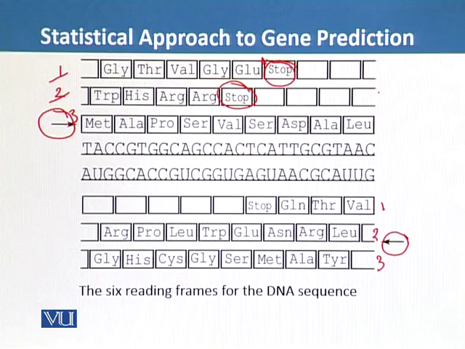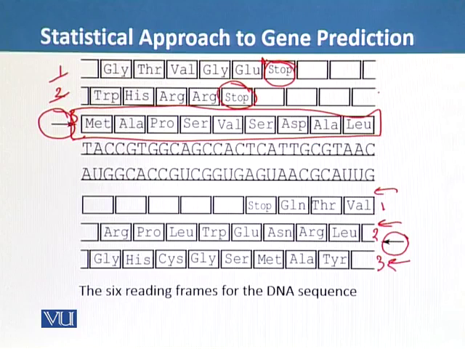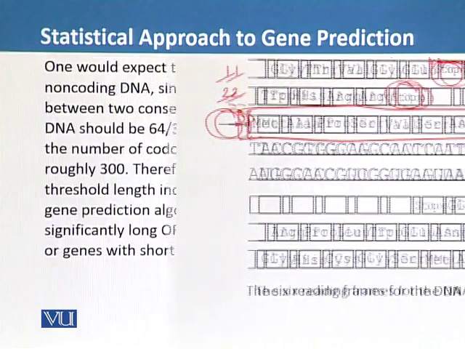And this third one is the correct one, because there is no stop codon within this sequence. Similarly, 3 frames will be generated from the right side, so the total will be 6 frames. And the largest open reading frame will be selected as the gene that codes for the protein.